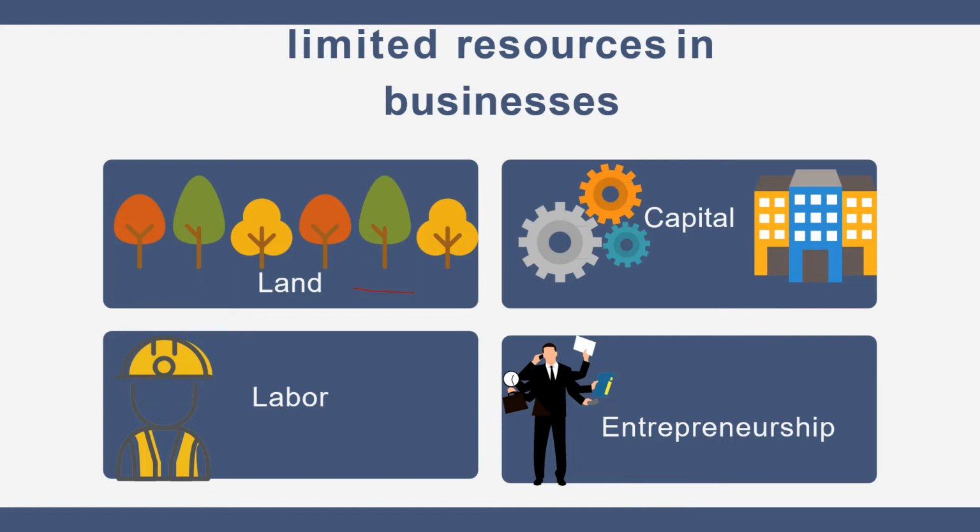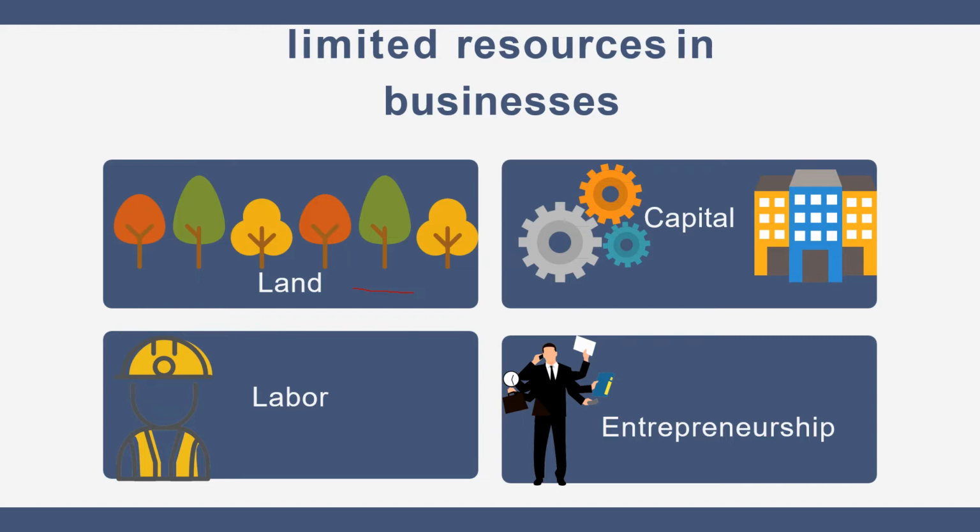Let's say, for example, if you're using the house as your shelter for your family, that's not capital in a business setting because you're not using it to produce other goods and services. You're using it as an output, as a product. Resources in this case are inputs. But when you invest in a building and then you use the building as an office or maybe a factory, and so therefore you are producing services or products there, then that is capital. So capital are man-made goods and they are used to produce other goods and services.